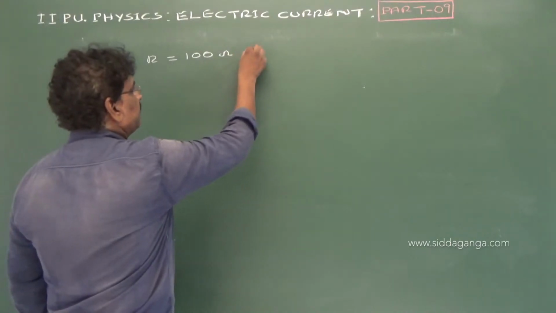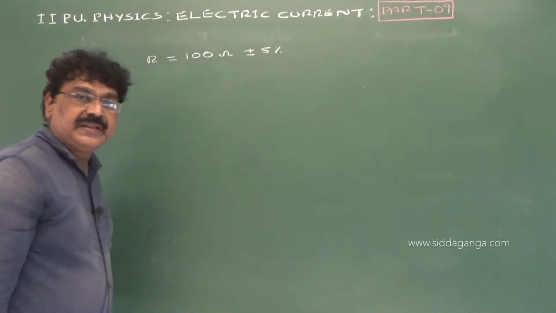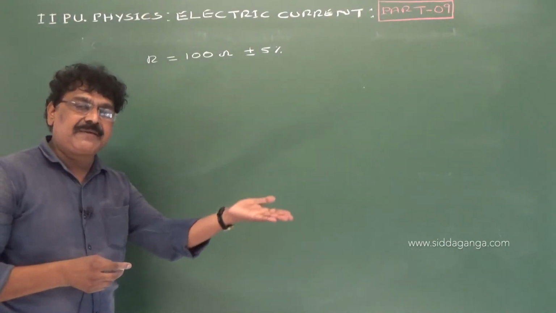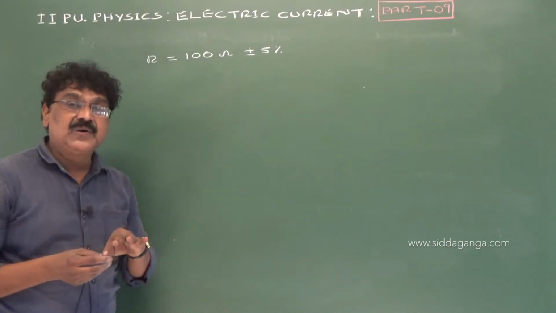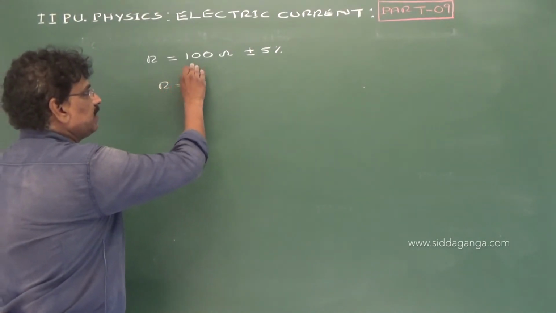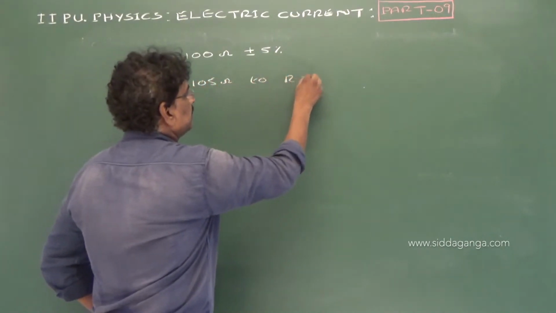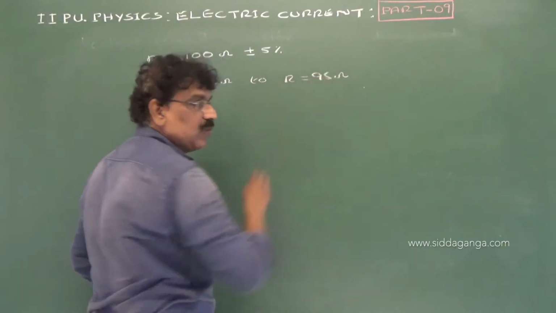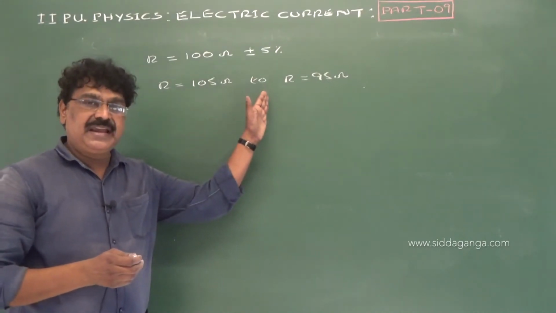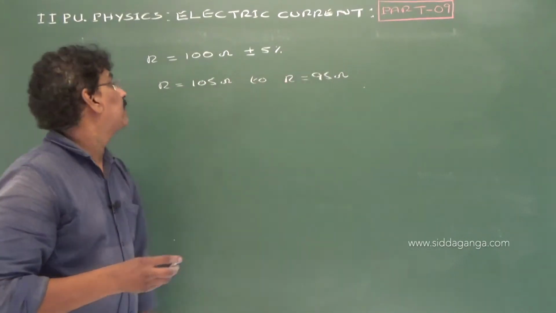Suppose it is having plus or minus 5%, then the resistance can deviate plus 5% or minus 5%. So the resistance may be equal to 105 ohm to R is equal to 95 ohm, right. So only 5% variation. It can deviate from 105 to 95 ohm.